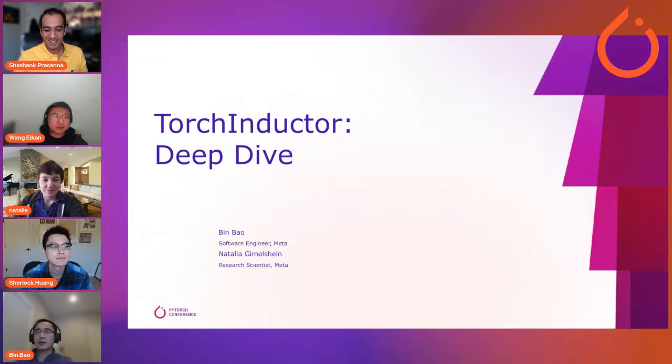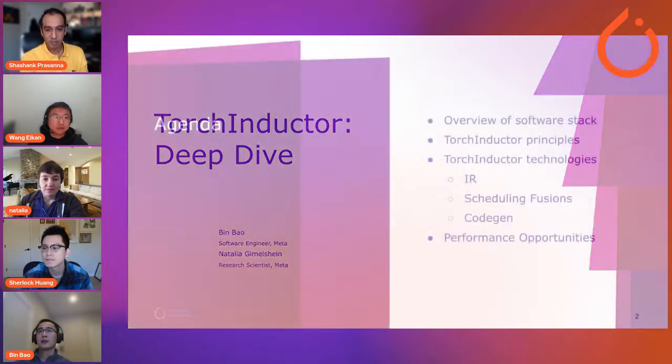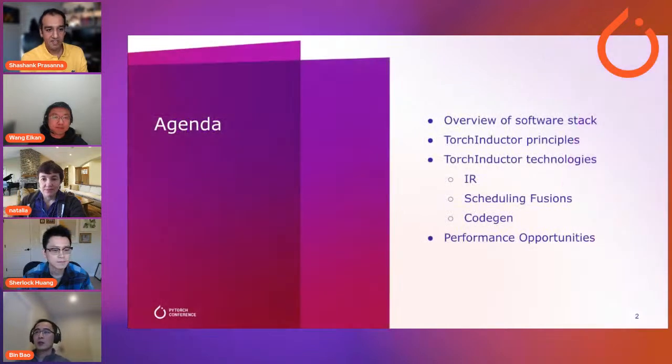Okay, then I'll get started. So I suppose the screen is up. Today it's our honor to do a deep dive into TorchInductor. I will start with a very brief overview of the TorchInductor software stack, and then I will cover some design principles that might help people understand some of the designs and code in TorchInductor.